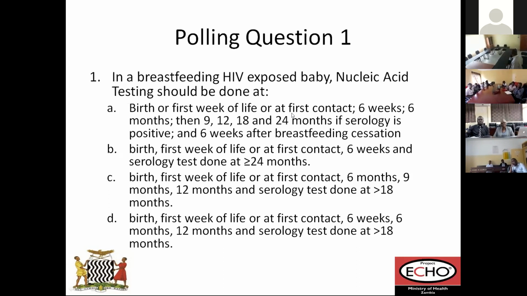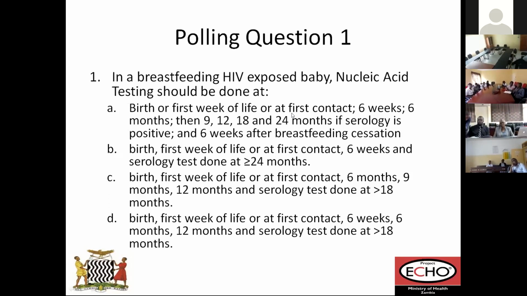So when we look at the first answer, testing at birth or first week of life, or at first contact, then 6 weeks, then 6 months, then you test at 9 months, 12 months, 18 months, and 24 months if serology is positive, and 6 weeks after breastfeeding cessation.